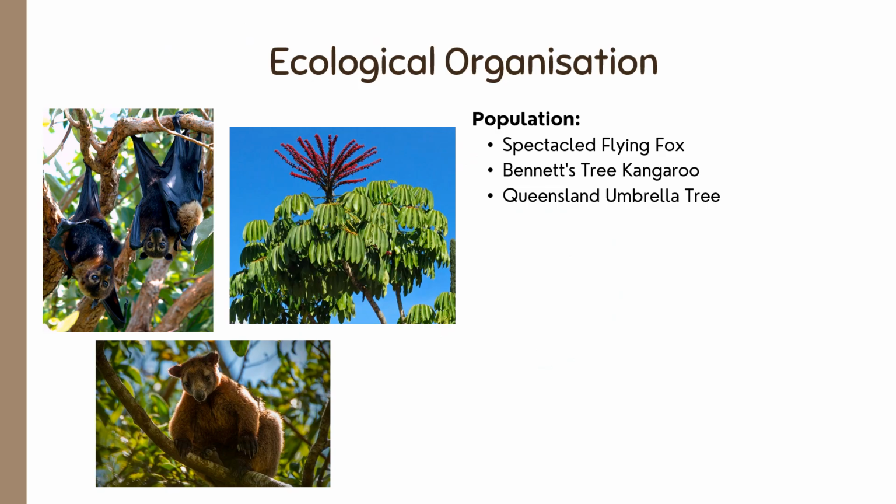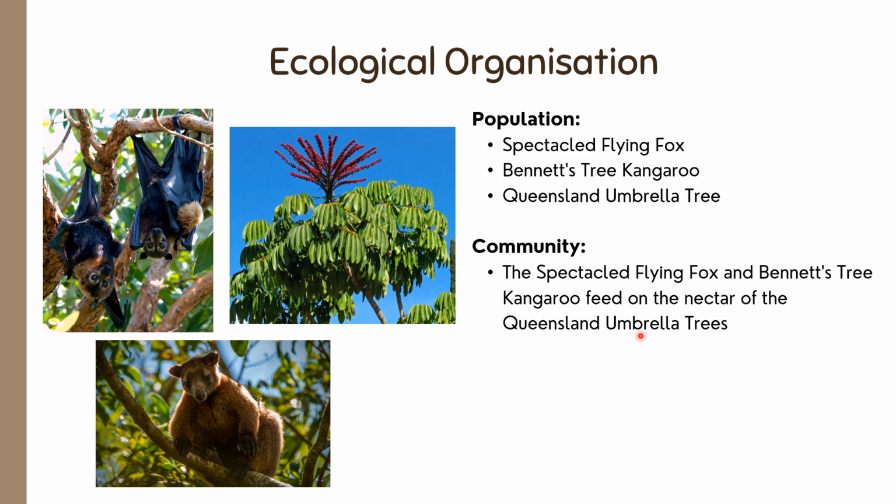I'm going to give you a real life example here. You don't need to memorize these specific examples, but this is how you would look at the ecological organization in the Australian ecosystem. So here we have three different populations. We have the speckled flying fox, we have the Bennett's tree kangaroo down here, and we have the Queensland umbrella tree. Together, they form a community.